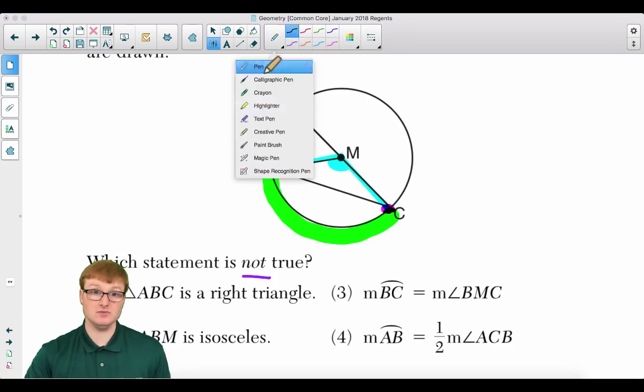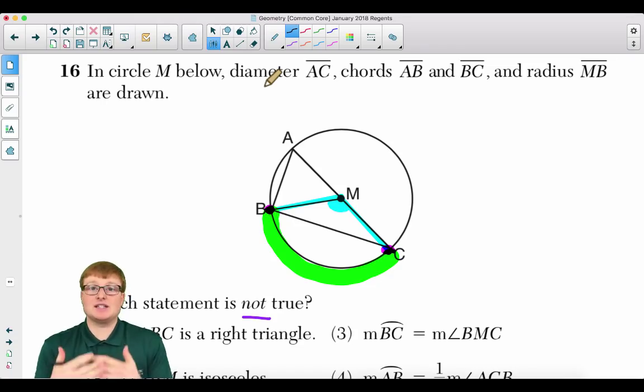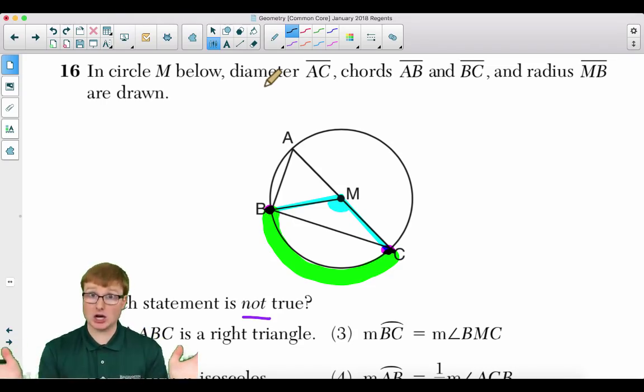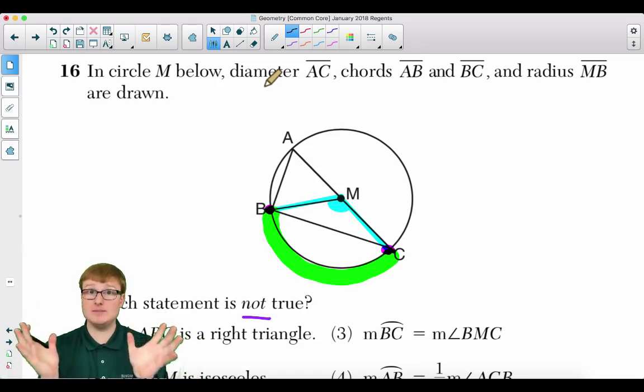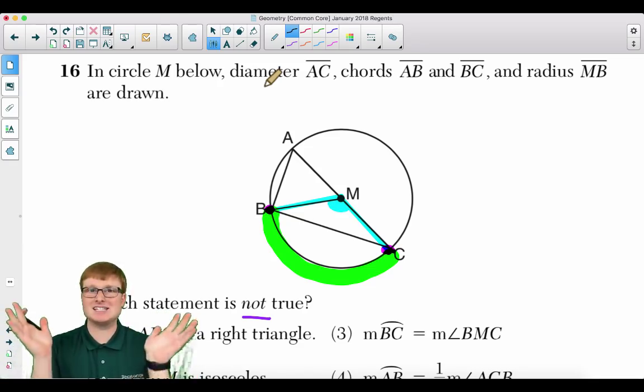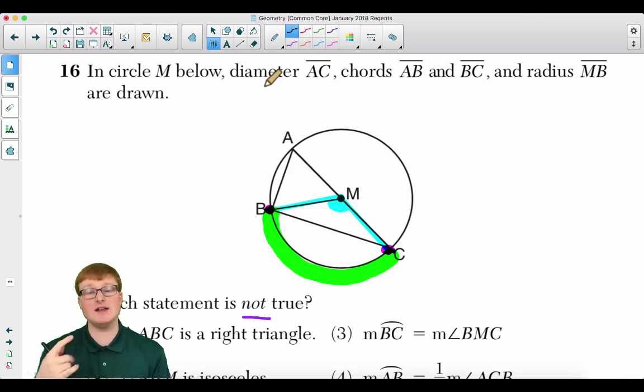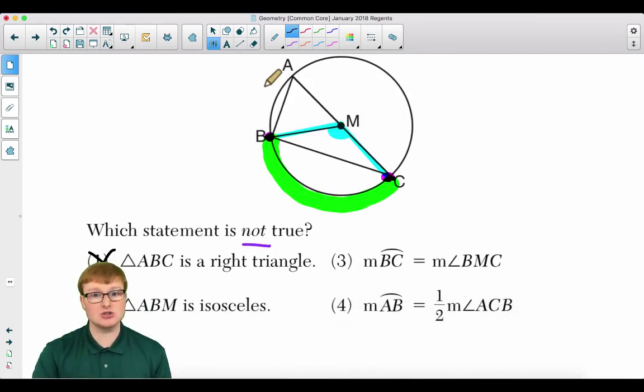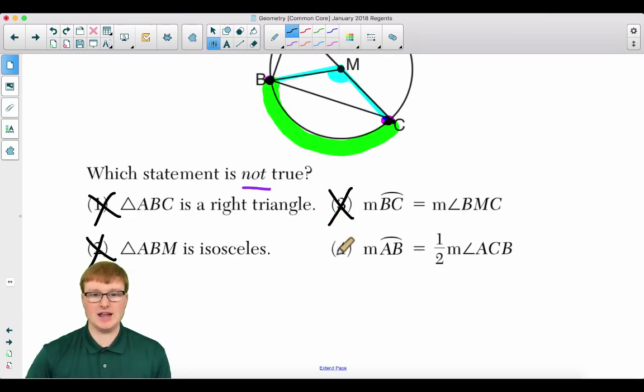So you need to know this property. If a central angle is intercepting an arc, the degree measure of that arc is the same as the central angle and vice versa. So that's actually true. So the measure of angle BMC is actually congruent to the measure of this arc. So that is absolutely true.